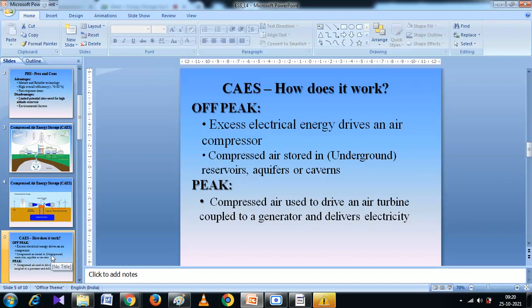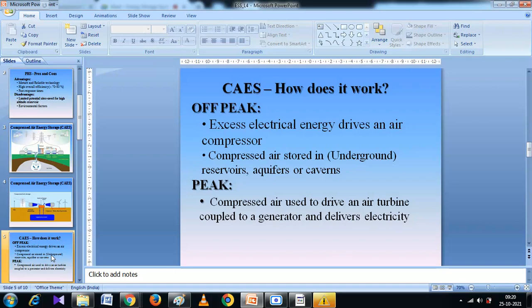Pooja, can you tell me what is the working principle of compressed air energy storage system? Pooja Sharma, just explain the working process of compressed air energy storage system.